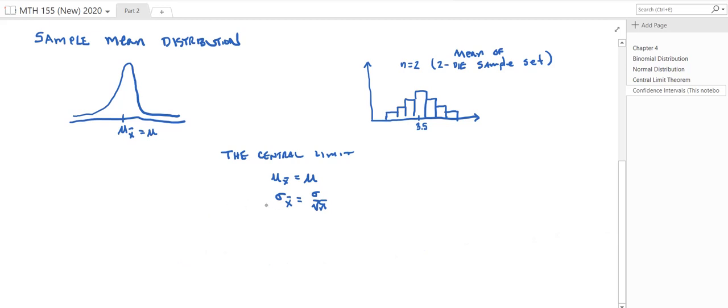Well, the whole point of doing this was so we can get something we can work with and compare to a third type of distribution here, the standard normal distribution.